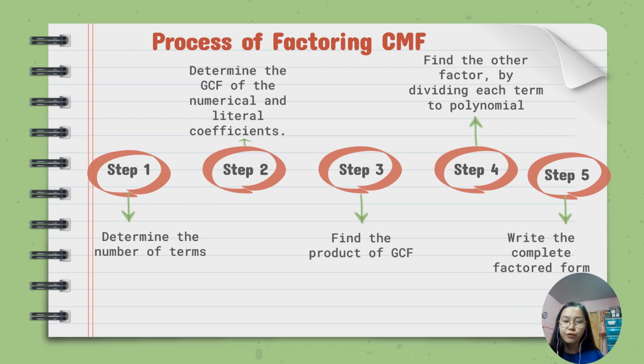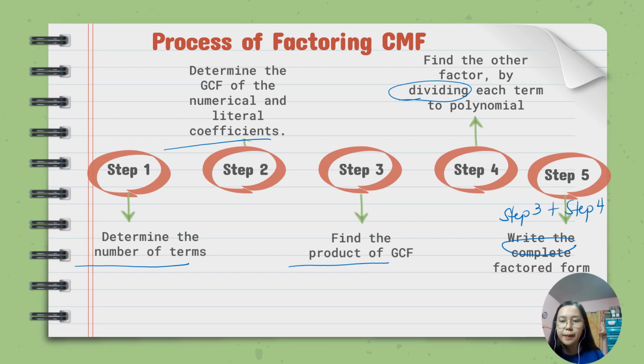Determine the number of terms. Step 2. Determine the GCF of the numerical and the literal coefficient. Step 3. We need to find the product of the GCF. 4. I-divide natin. 5. Complete na. Ito yung pinasasama natin sa step 3 plus yung sagot sa step 4.